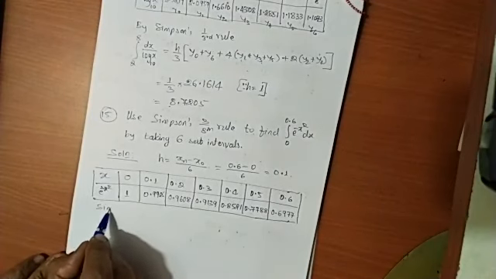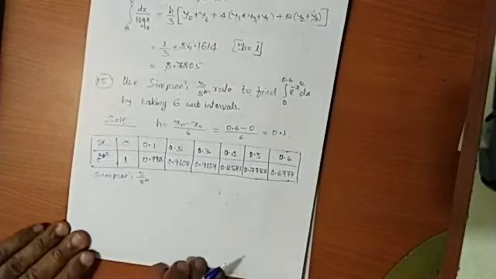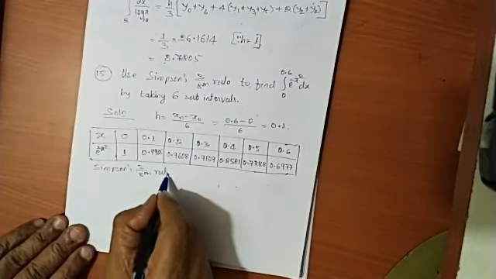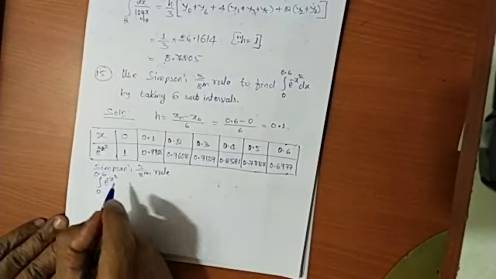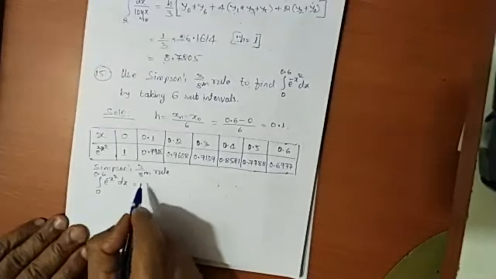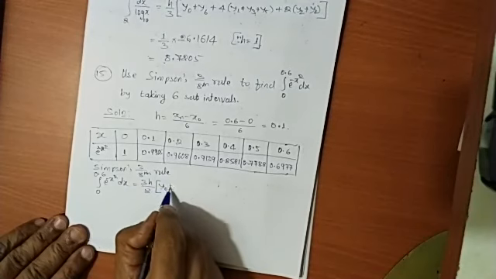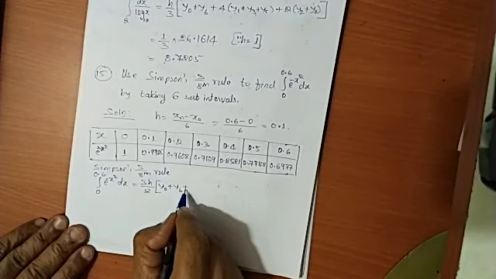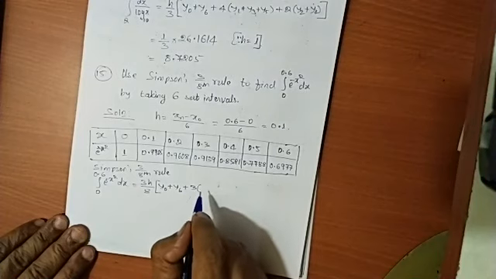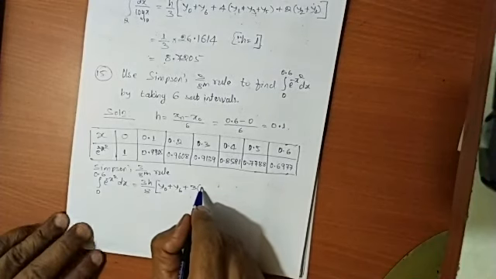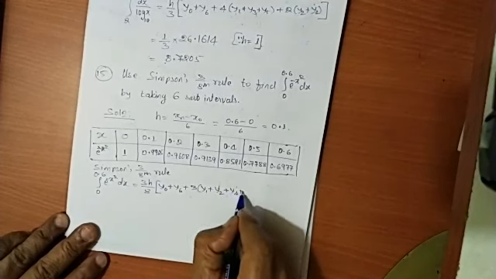Next, what should I use? Simpson's 3/8 rule. What it says, integration from 0 to 0.6 e power minus x squared dx will be 3h by 8 into first term y0 plus the last term y6 plus 3 times the sum of the non-multiple of 3 terms, that is y1 plus y2, y3 is not there, plus y4 plus y5.